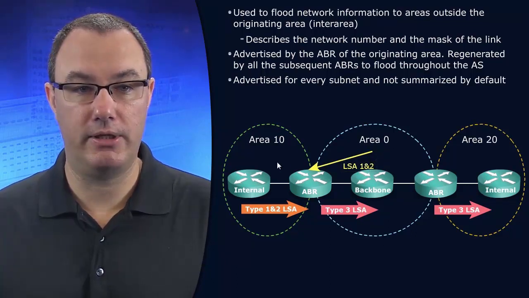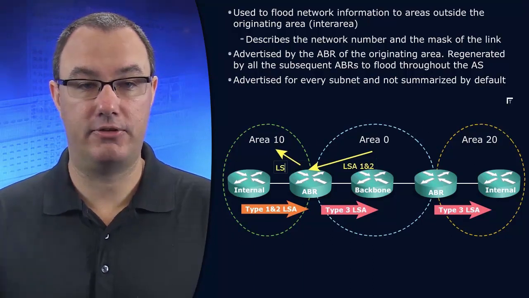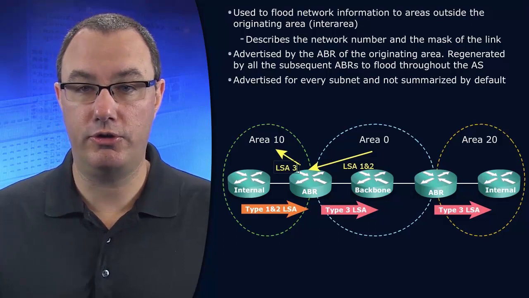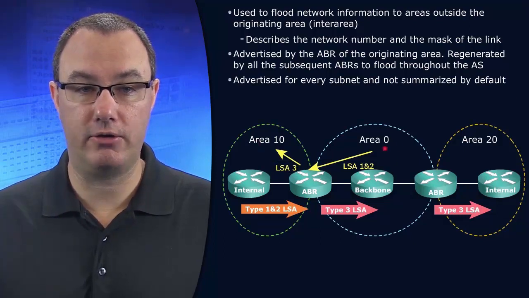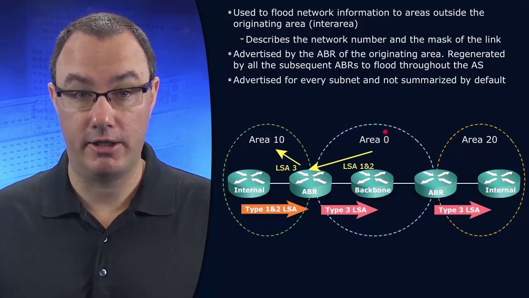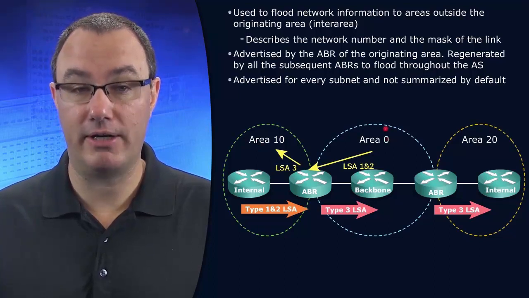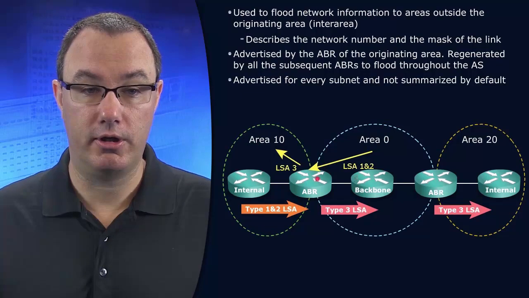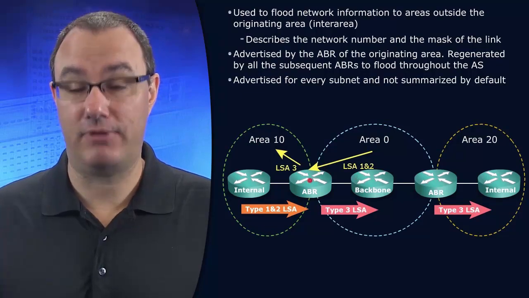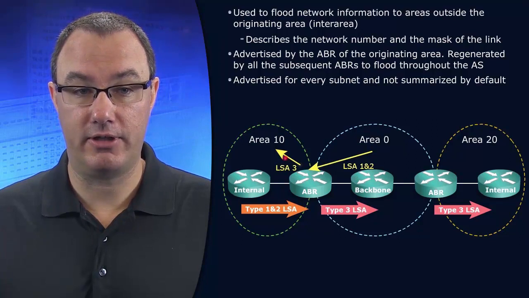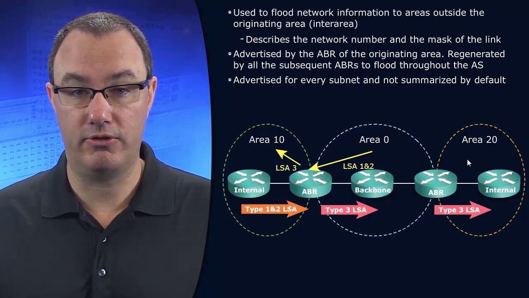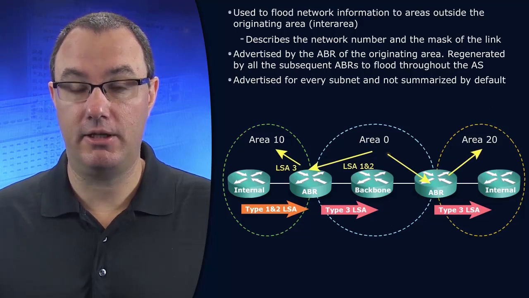But when it is relayed into Area 10 by the area border router, it is going to be LSA type 3. So we do this for all information that crosses between areas, the backbone area as well. This backbone area routing information would, when leaving its local area, be reformatted to LSA type 3, and we would see the same thing in the other direction as well.